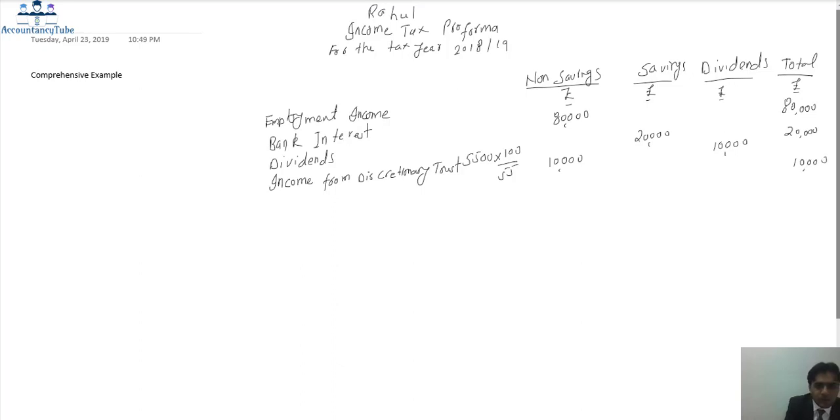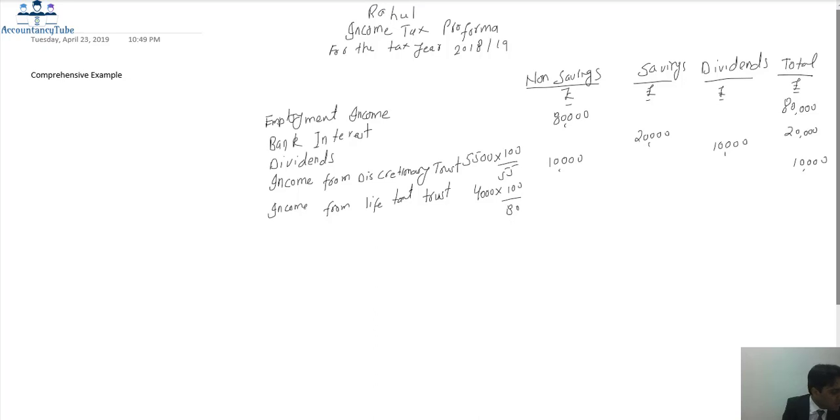Okay, so that's our income from discretionary trust, and after that income from life tenant trust is also given. So let's move to that. Income from life tenant trust is £4,000, and we have to gross it up, multiplied by 100 over 80, because 20% tax has already been deducted.